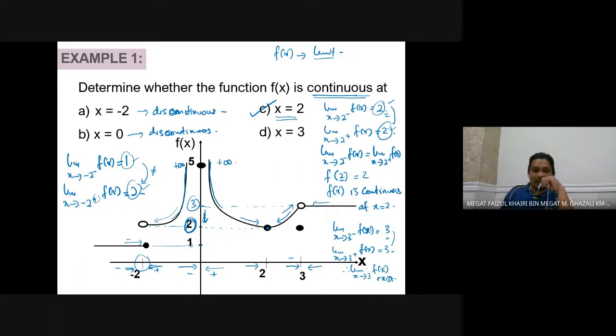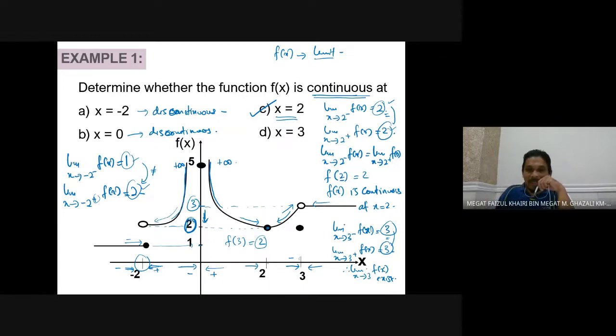The limit exists. Right now, when x is exactly equal to 3, then y equals 2. f(3) equals 2. And they are not equal now.